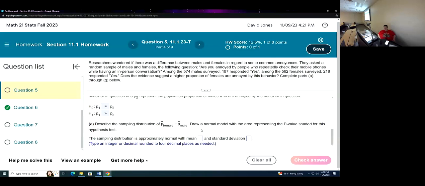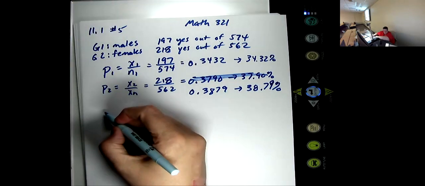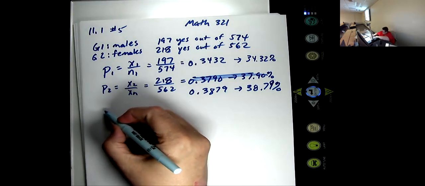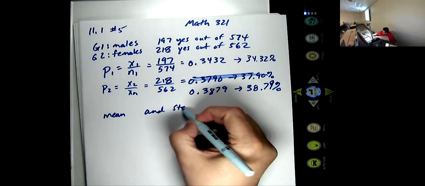And this is where it gets a little tricky. It says describe the sampling distribution of P female minus P male. Draw a normal model with the area representing the p-value shaded for this hypothesis test. Okay, so it wants the mean and standard deviation for this test.